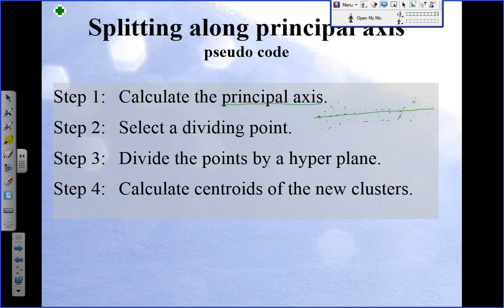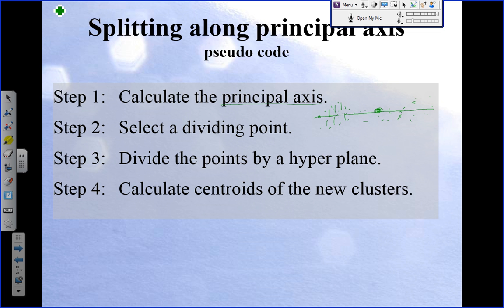Once we decide, let's select like the middle center, we can project all of these values onto this axis, we can sort them, we can calculate the average, median, whatever criterion. We have transformed the data into a one-dimensional form, and we can utilize that information. So then we select the dividing point on this axis. And tada, what do we do with this dividing point? We have multidimensional space.